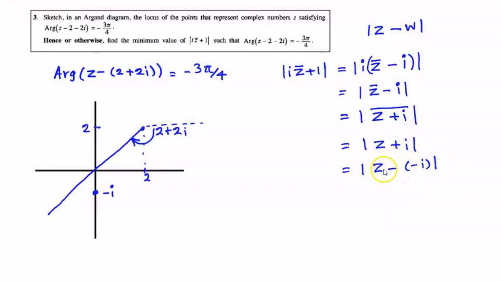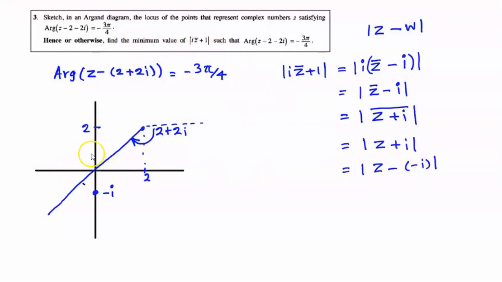What is the magnitude? This is asking the difference, or the distance, between this complex number and that complex number. So in the Argand diagram, I can see clearly in here. The distance would be the shortest distance that I am looking for here. So this is the minimum value of that. Therefore, this would be a minimum.